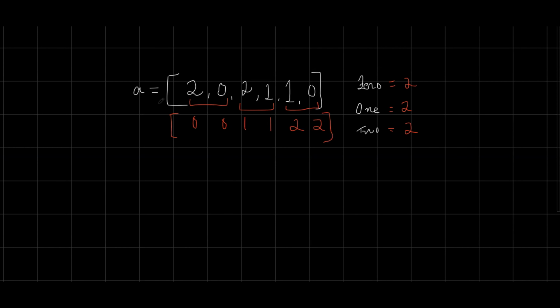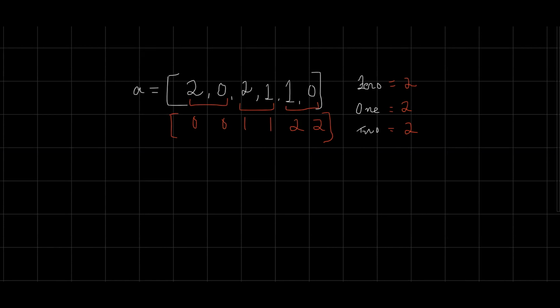So here the algorithm is pretty simple. At first, we have to take 3 variables, zero, one, and two, which will store the frequency of the elements 0, 1, and 2 in this array respectively. After that, we have to replace the original array with the corresponding 0, 1, and 2 by considering the frequency.